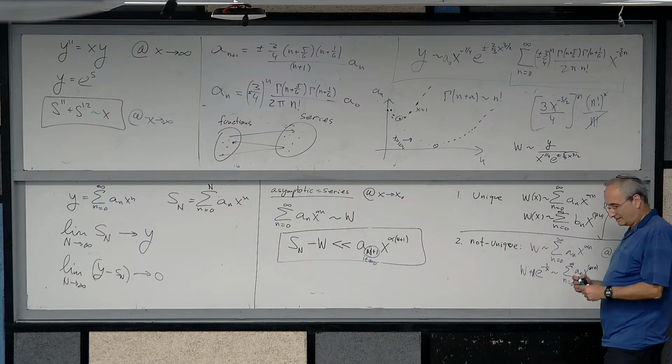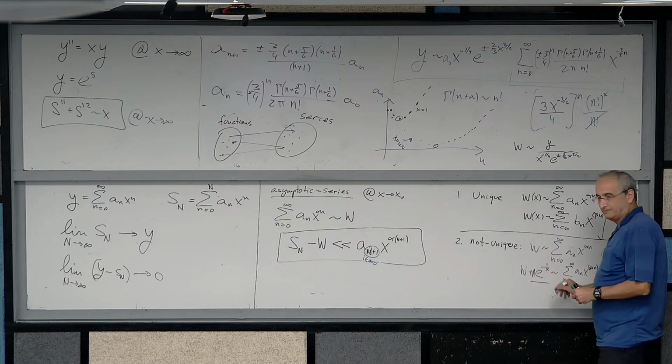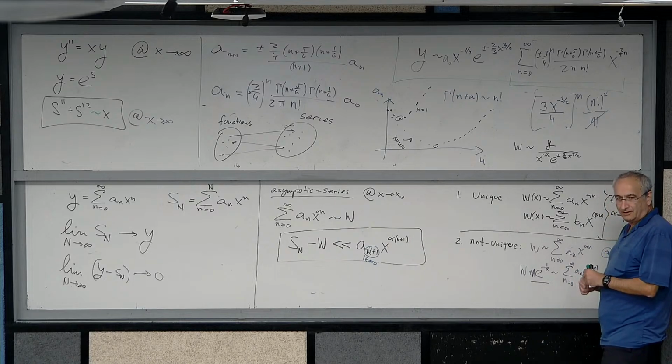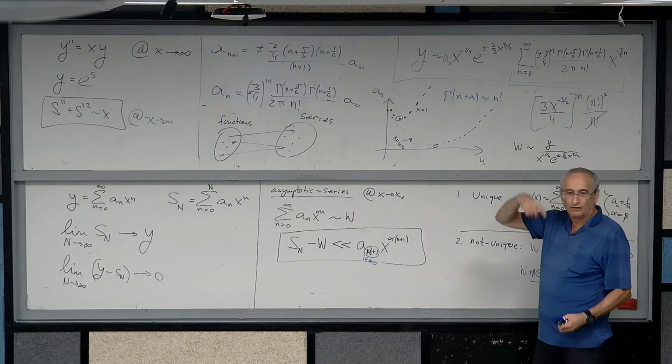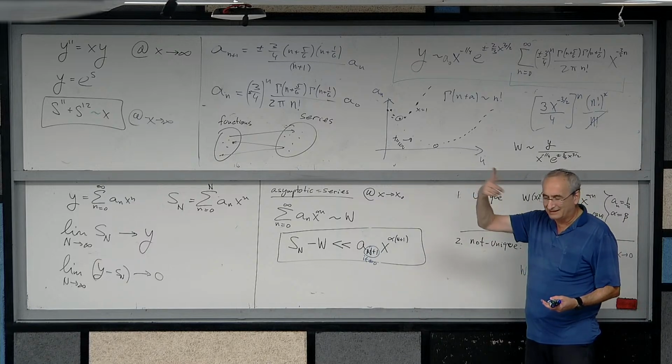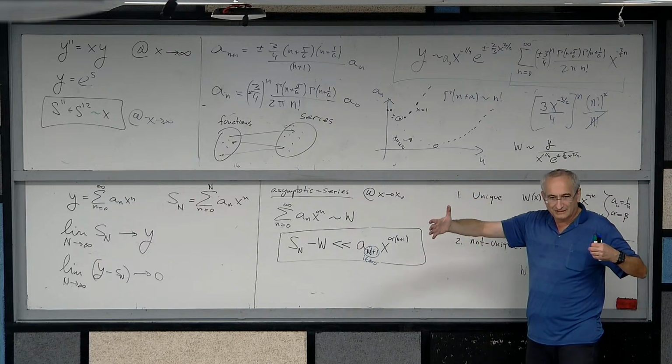Because as x goes to 0, the second term is negligible and has no power series.